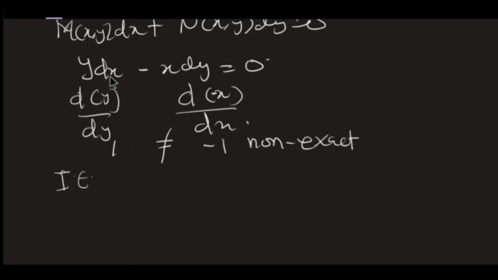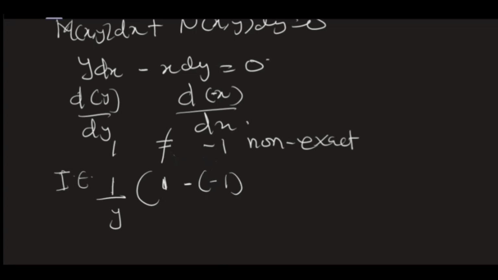So the function attached to the dx here is now y. So when you have that, 1 over M becomes 1 over y, multiplying the derivative of the function attached to dx with respect to y, and that will give me 1, then minus this one with respect to x, and here we had negative 1, so negative 1.